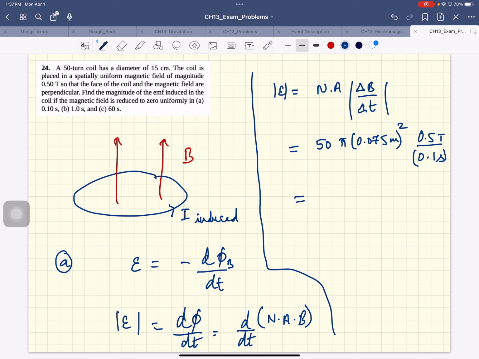So the induced voltage would be, and this will work out in volts. What's that? 4.418. All right, 4.418 volts.